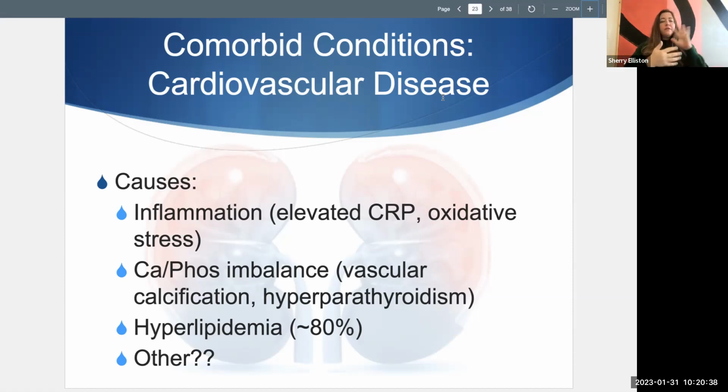You can also have chronic kidney disease diagnosed first, and as a result of the inflammatory processes and imbalance of certain nutrients, cardiac function can become more compromised.